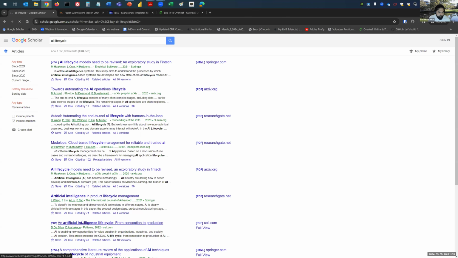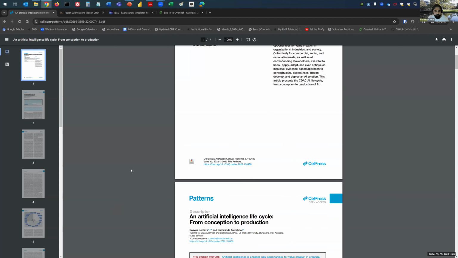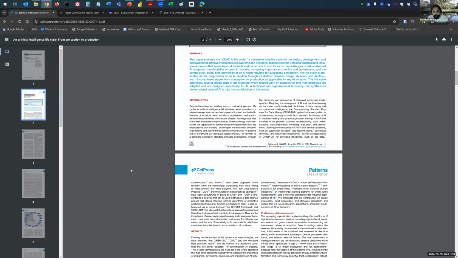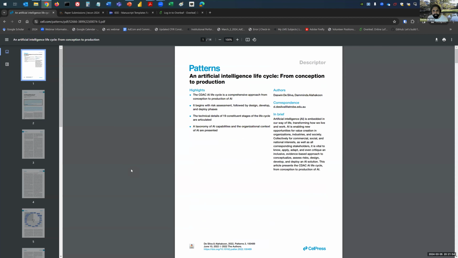This is the paper, an open access paper, and it talks about a life cycle for building AI models. I'm going to leave it with you to read and try to understand how this works. But disclaimer, I've authored this, so there's obviously an interest in sharing this with you.